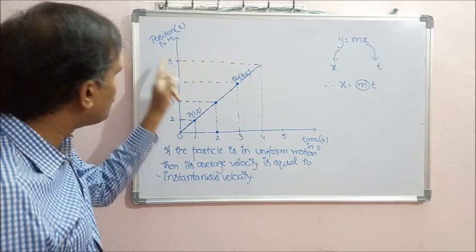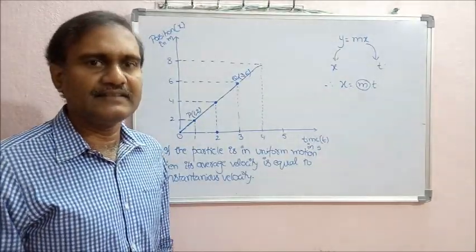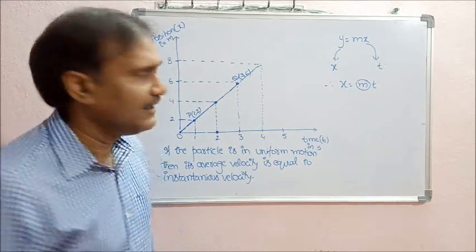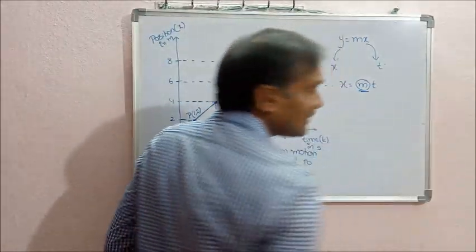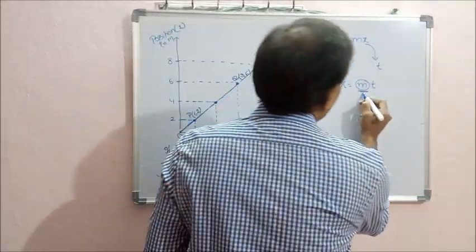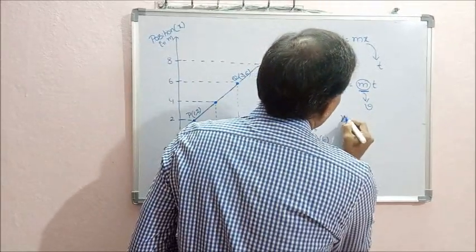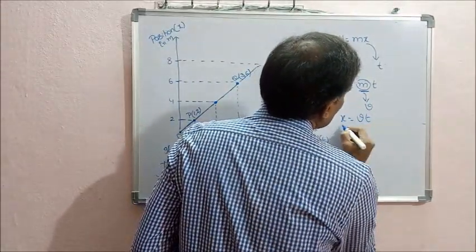What does the slope of a position-time graph indicate? Yes, it is velocity. Therefore, what does this m indicate? Velocity. What type of velocity is it? Constant velocity. Instead of m, we use v. Therefore, x is equal to v into t.